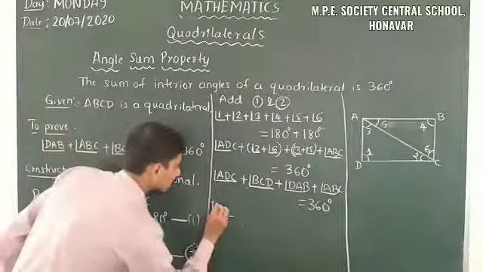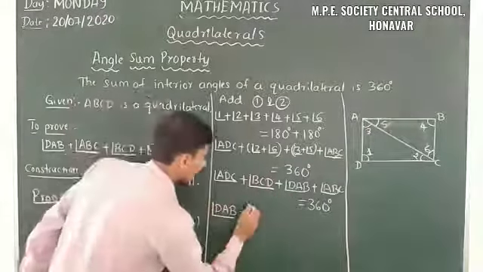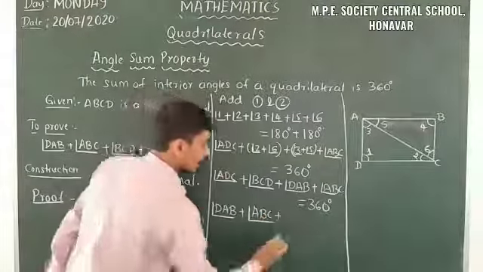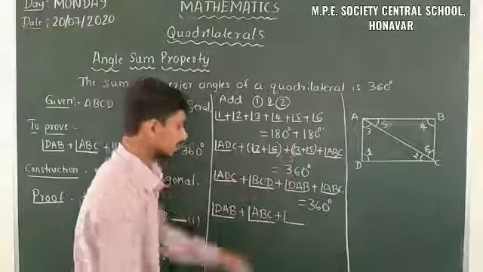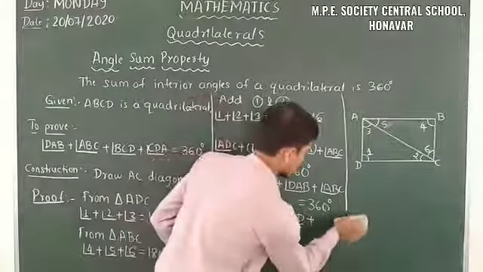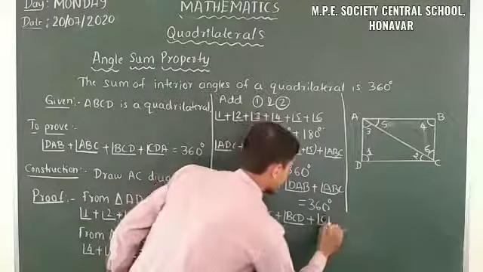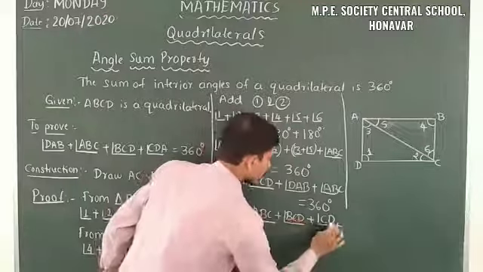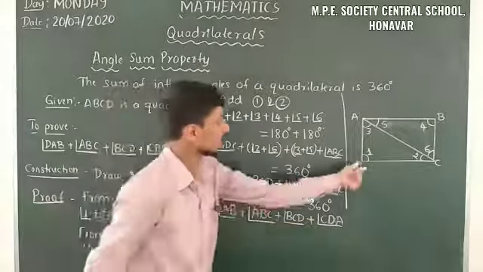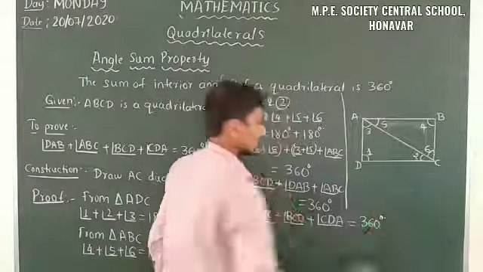So angle DAB plus angle ABC plus angle BCD plus angle CDA, or we can write it as ADC. ADC and CDA are one and the same, because it's just angle D. So this is equal to 360 degrees.